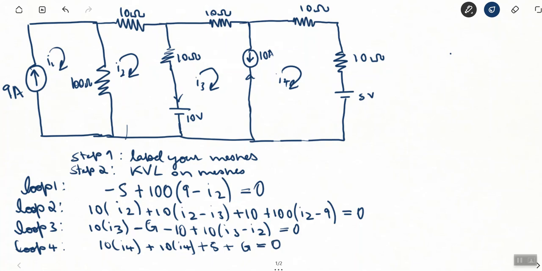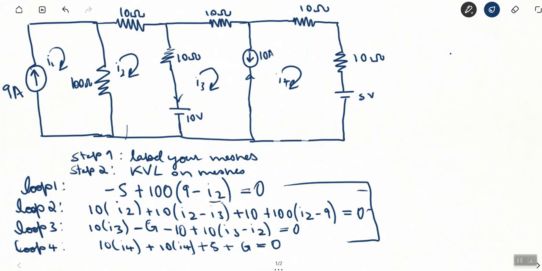Okay, now we have this system of equations. We have 1, 2, 3, 4 equations here. Okay, so as we can see here, let's count the number of unknowns that we have.